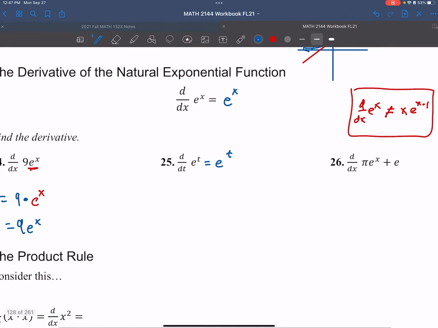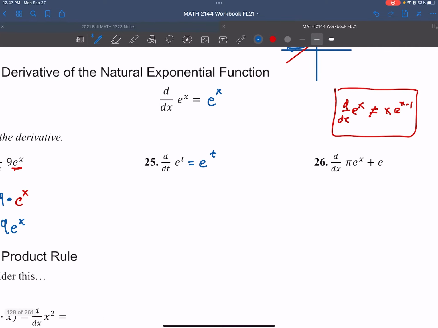And then if we look at 26 right here, we have the sum and difference rule that we can use. So we could take the derivative of this first part, and then the derivative of that second part, and then add them together. So if I take the derivative of pi e to the x, what's the derivative of pi e to the x? It's going to be pi e to the x. And what is the derivative of e?